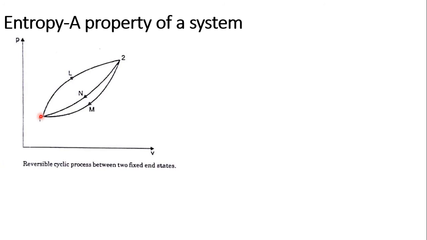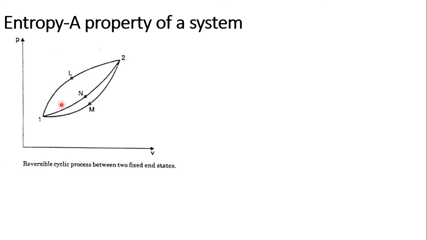So the first process remains the same, and the second process is 2 M 1. From point 1 to 2 we have the same path, but to return to point 1 we have two different paths. This is the meaning of this diagram, and all three processes shown over here are reversible processes, and they form a reversible cycle.